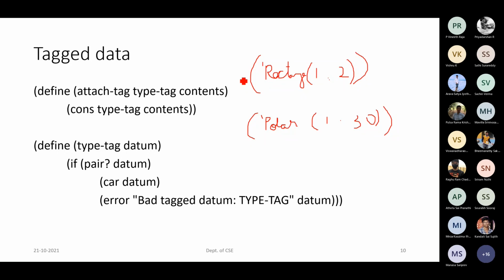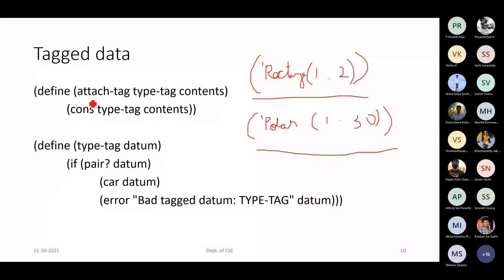First, whenever you are constructing a complex number, you have to construct it either in this way or in this way. That means you have to ask the user whether the content you are representing is in rectangular form or polar.